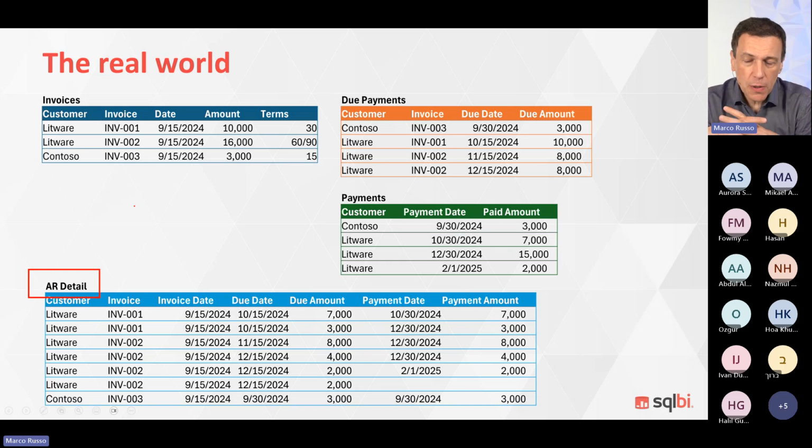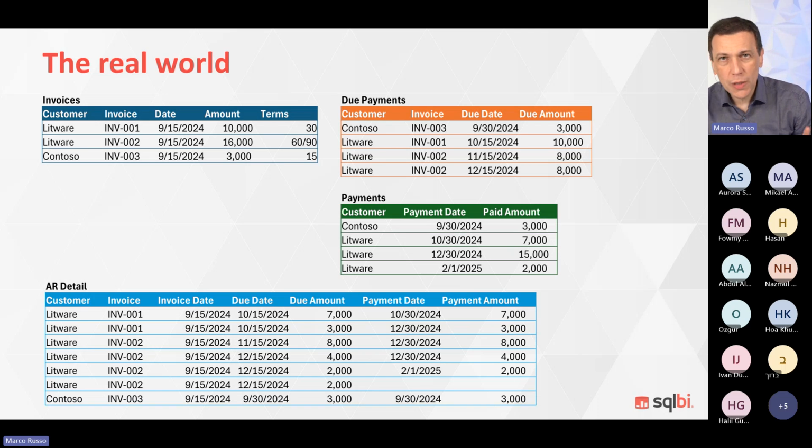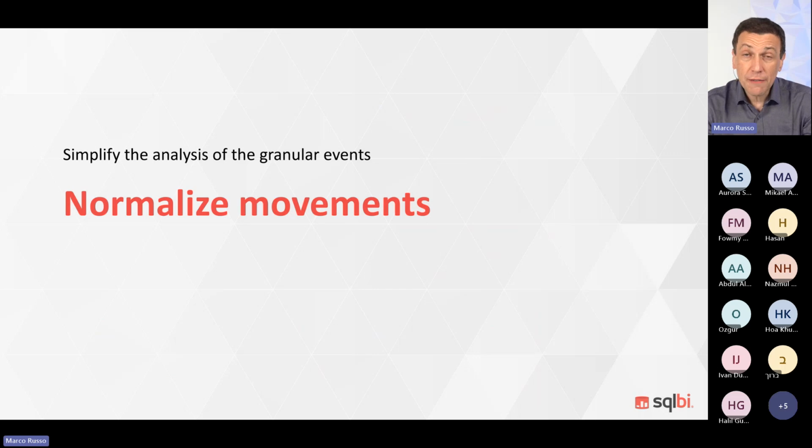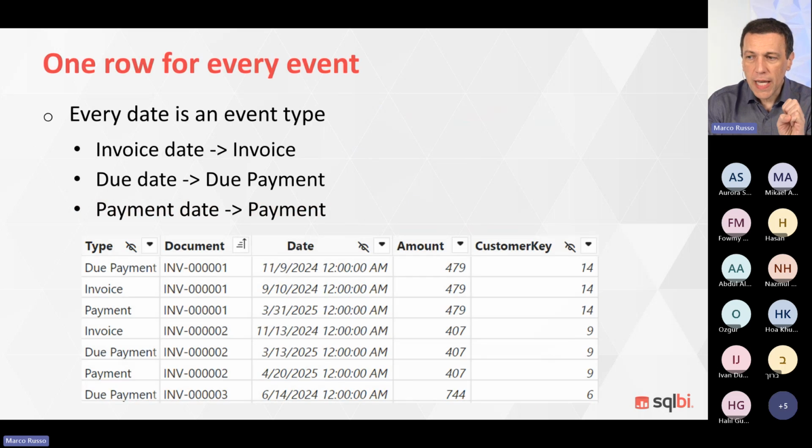And the first problem is, what if instead of relying on different structures, different things, I simply start to collect the relevant events to my model. So in other words, if you think about what we have, I could say, well, in each of these tables, I can extract an event type with a date and an amount, and the invoice number if you want.